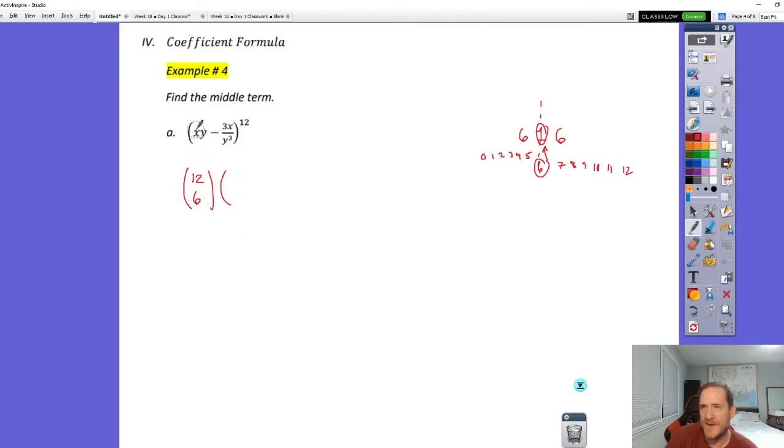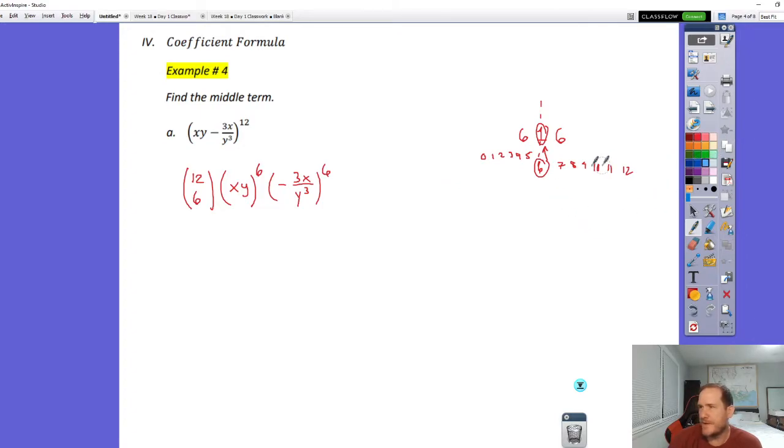Okay, the next factor will be the first term, the xy, and it'll get raised to the power of that number, the 6. Next, the other factor, negative 3x over y cubed, and that too will be raised to the power of 6. So the middle term will be the one where the two powers are the same.